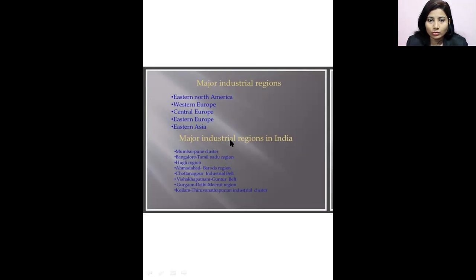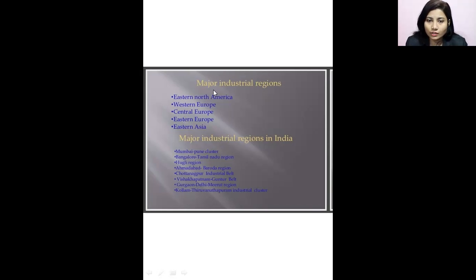But when we talk about the major industrial regions in India, we have the Mumbai Pune cluster, Bangalore Tamil Nadu region, Hubli region, Ahmedabad Baroda region, Chota Nagpur industrial belt, Vishakhapatnam Guntur belt, Gurgaon Delhi Meerut region, and the Kollam Thiruvananthapuram industrial cluster. These are the places all over the world where we have industrial regions.